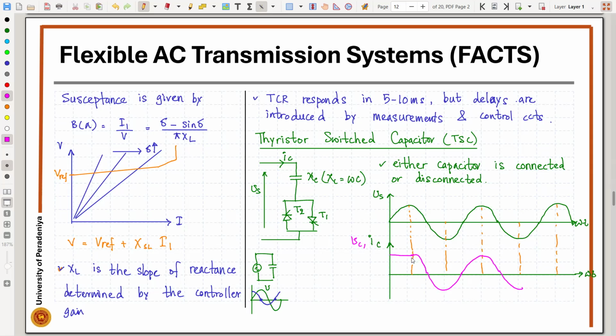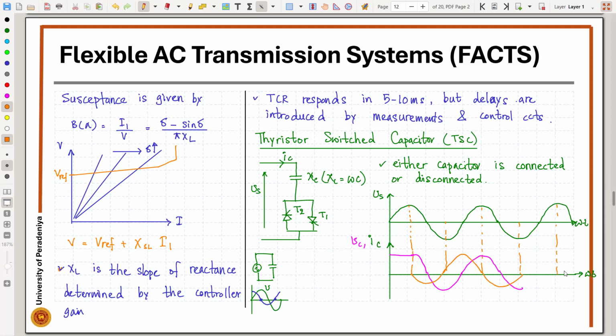So we have the positive peak here. At that time, the current will start to flow. So now current is zero at this point.